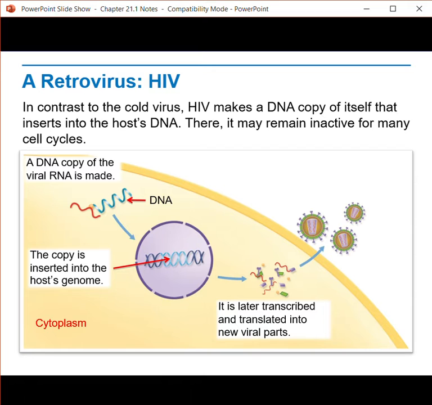The parts assemble into new viruses and burst from the host cell. So, if we quickly review this, a DNA copy of the viral RNA is made. You see your RNA and it's making a copy of DNA that is then inserted into the host genome, meaning it's inserted into its genetics or its genetic code. From there, it is later transcribed and translated into new viral parts, and then those parts assemble into new viruses and burst right through the host cell.